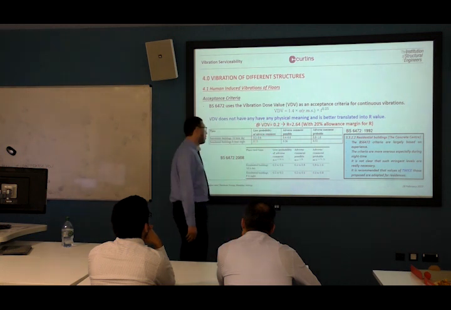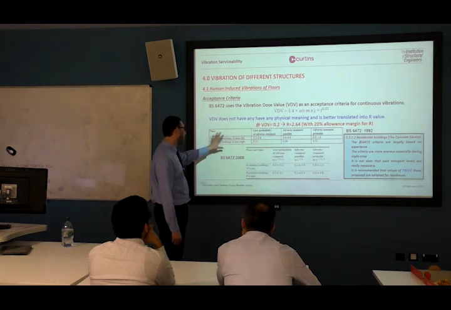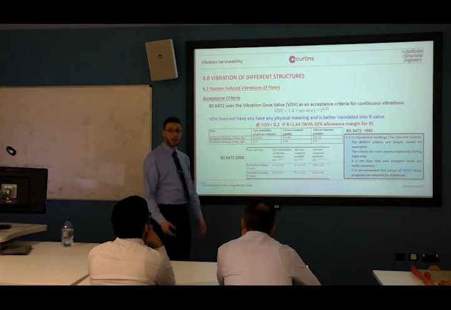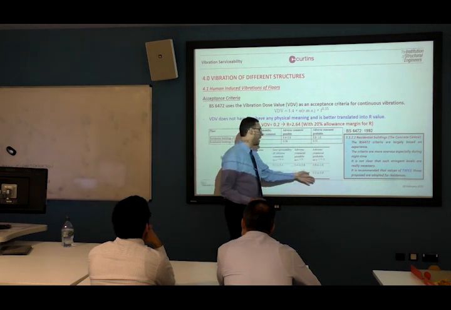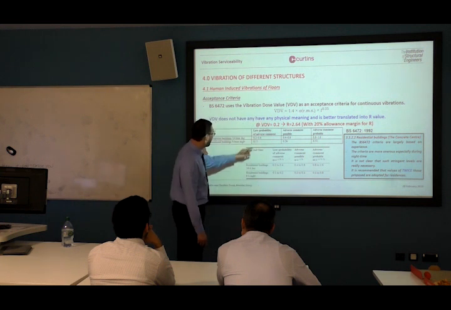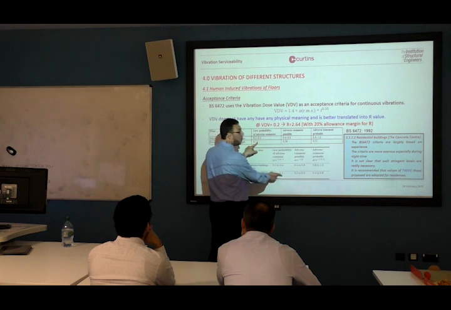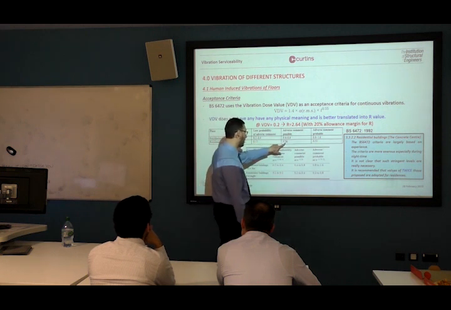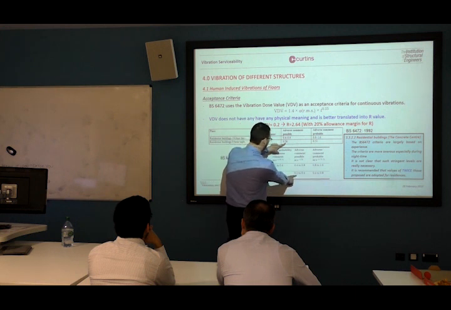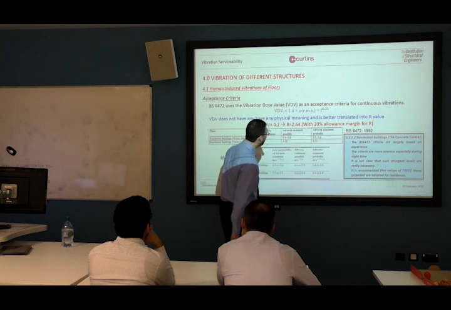So this BS was revised in 2008, and they relaxed it now. The values here are not the same anymore. Instead of 0.13, they said you can have from 0.1 to 0.2, which is okay. And instead of 0.226, they said you can have between 0.2 to 0.4.